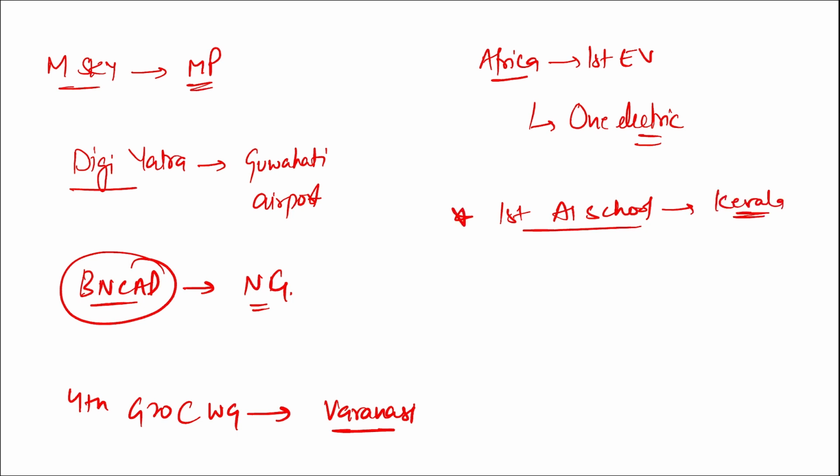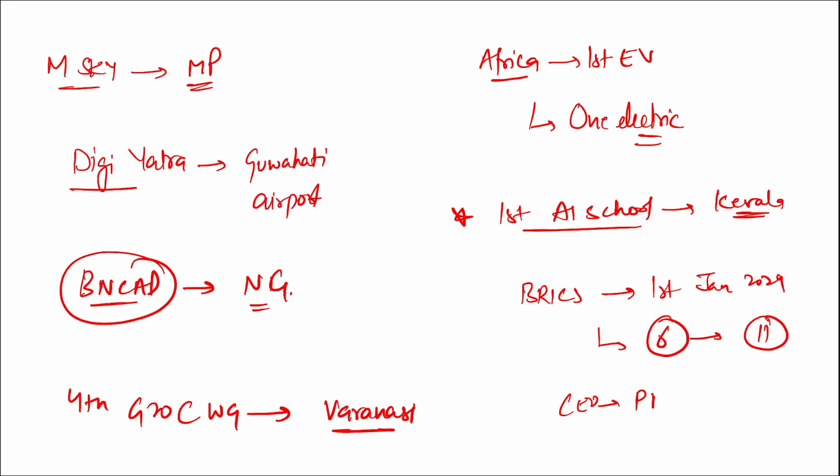Mark this. Apart from this, how many new countries will be joining BRICS from 1st January 2024? So a total of 6 countries will be joining, and the total number in BRICS will be 11 now. Correct? Then tell me who has been appointed as the new CEO of Power Finance Corporation: Parminder Chopra.